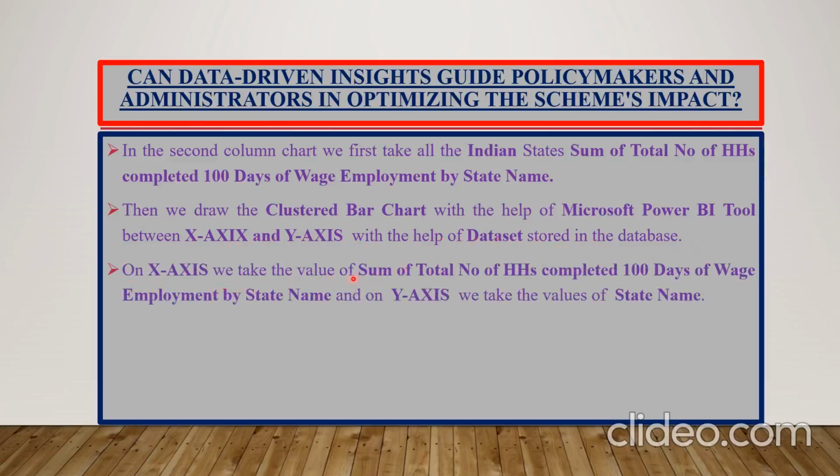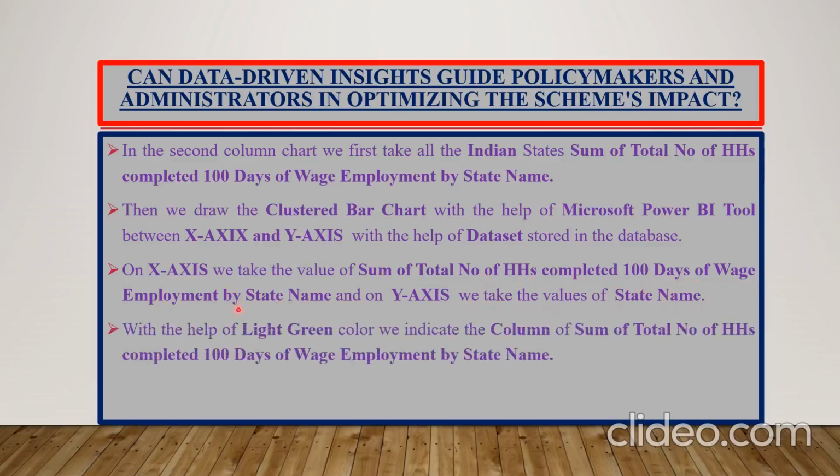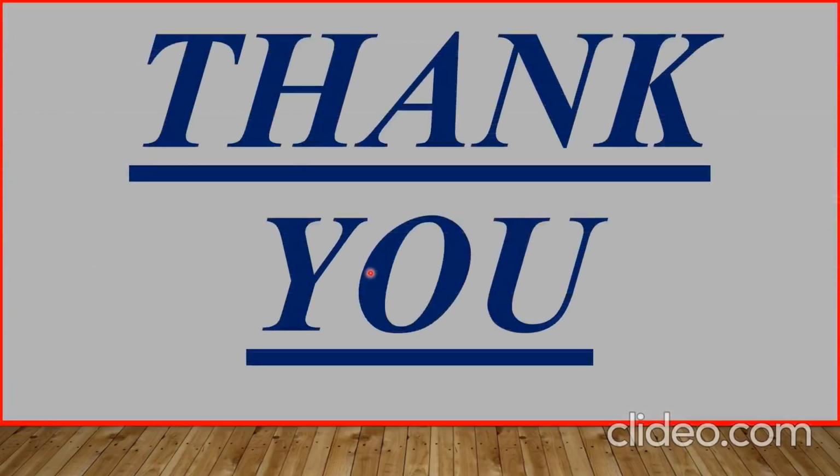On the x-axis we take the values of sum of total number of HHs completed 100 days of wage employment by state name, and on the y-axis we take the values of state name. With light green color we indicate the column of sum of total number of HHs completed 100 days of wage employment by the state name. This is all about the second column chart. Thank you.